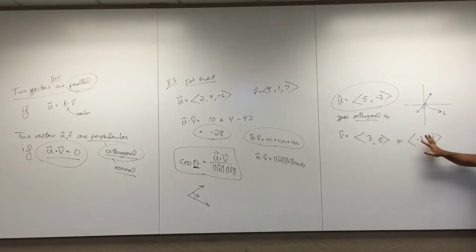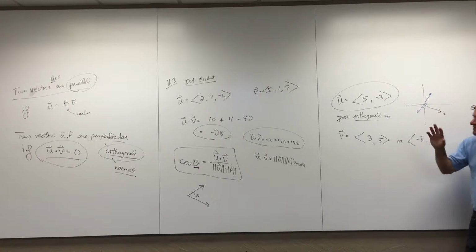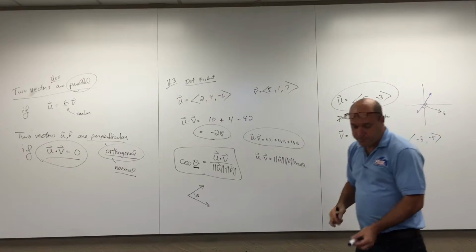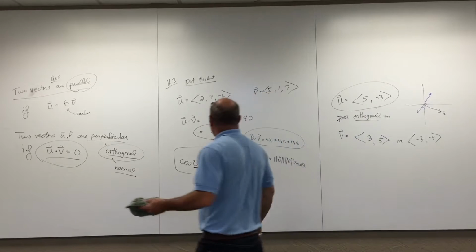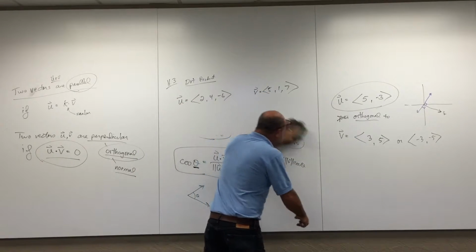Switch the negative 3 and the 5 and negate him. Right, that's my 2 options. Switch them and negate one of them, and it gives you a perpendicular vector. So that's cool. That's a little switch, but that's in 2D. In 3D, that doesn't really work.